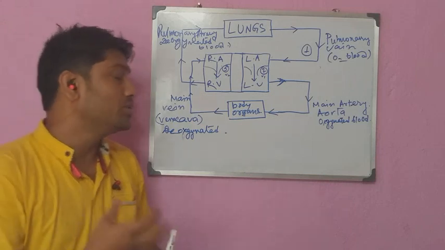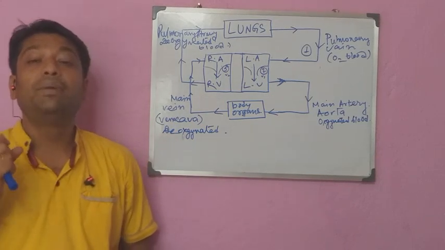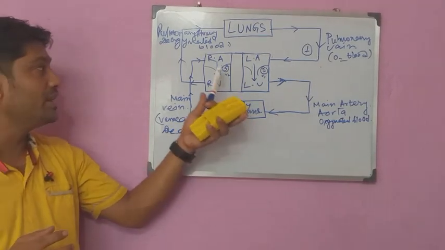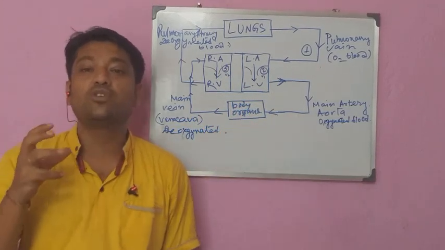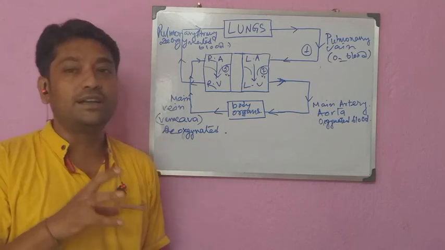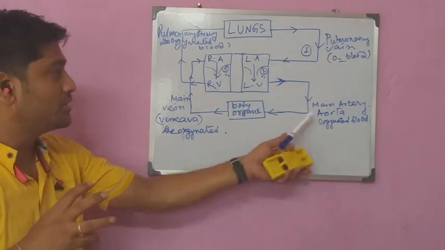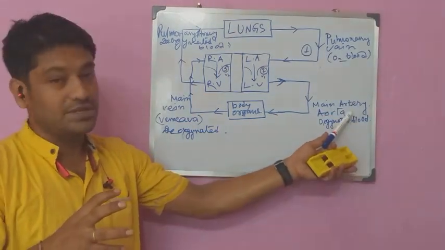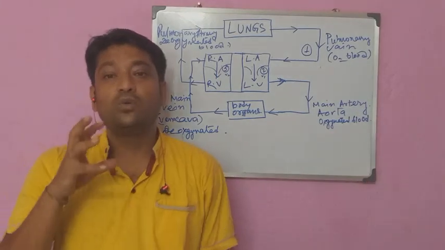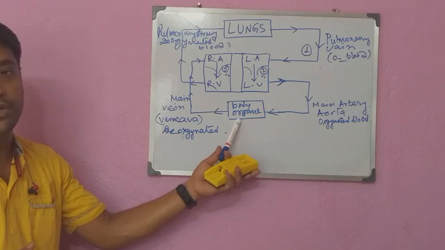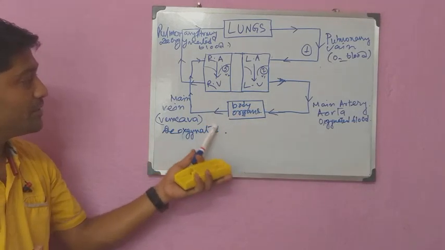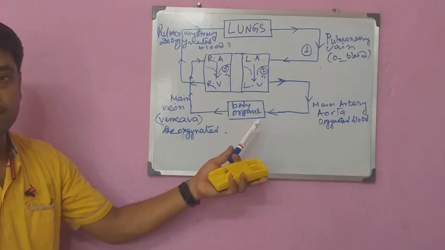Understood? And when the left ventricle contracts, the oxygenated blood is forced into the aorta, the main artery, which transports the blood to all parts of the body organs.